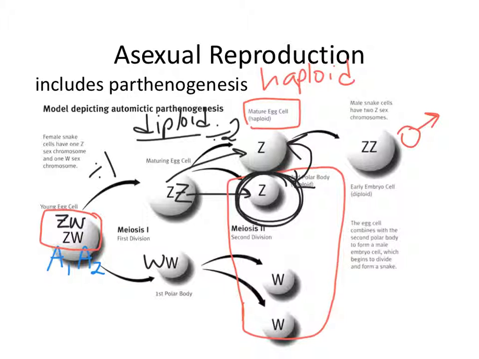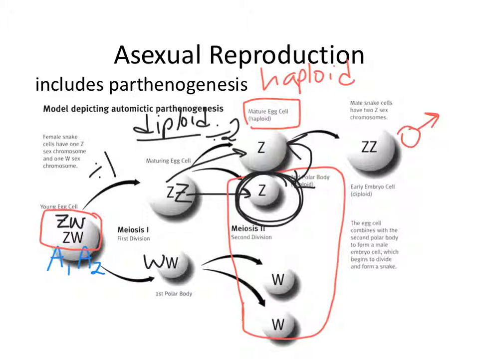So now the male cannot do the same thing. Right, a ZZ male can't do parthenogenesis because it doesn't produce oocytes. If it produced 2 sperm, ooh, this could get messy. So what happens in a male? You get 4 haploids. Presumably the same thing could happen during development in a male.